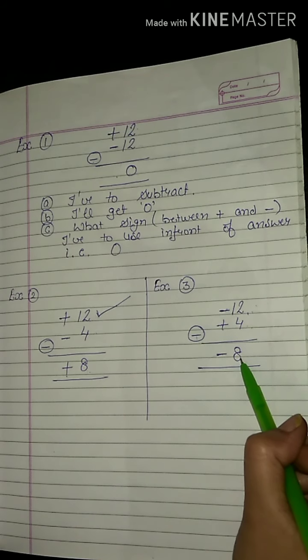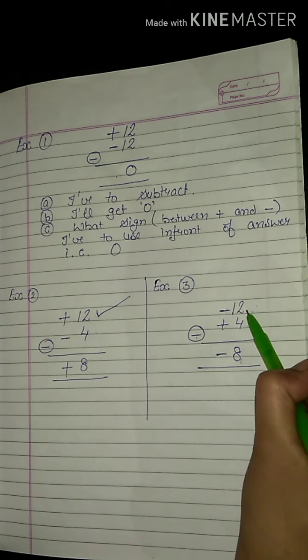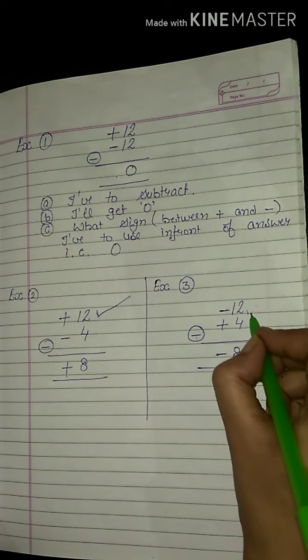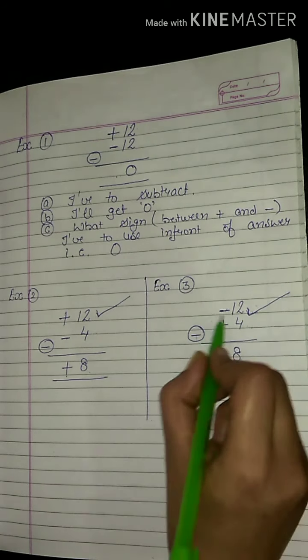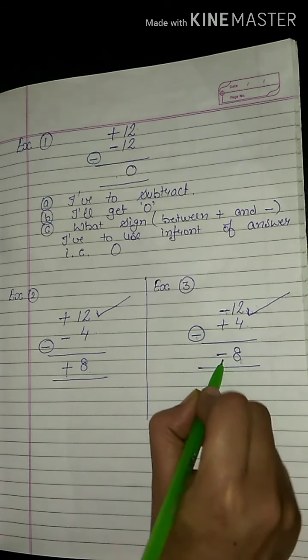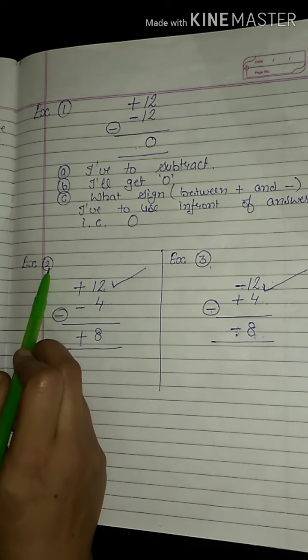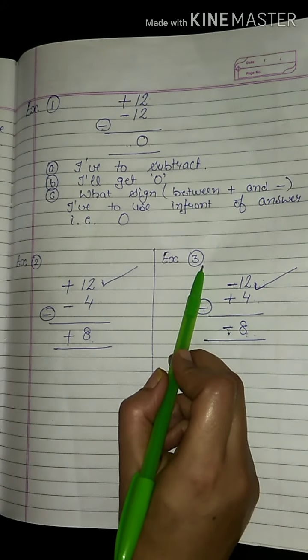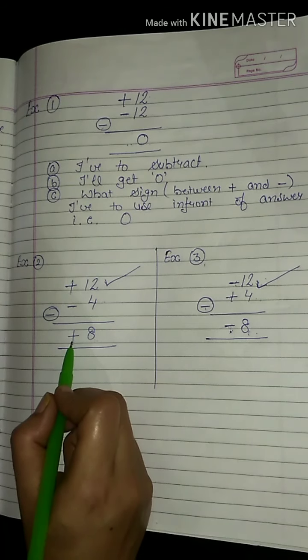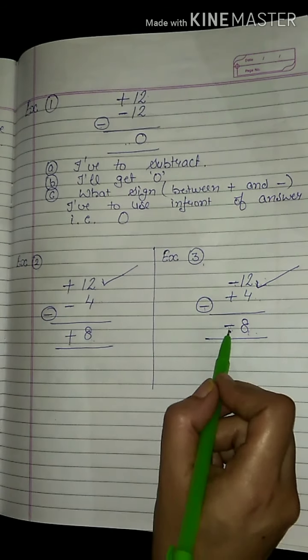Now which sign do I have to use in front of 8? It will be the sign of the bigger number. Here the bigger number is 12 and the sign is minus, so I use that sign. Students, now with example 2 and example 3, it becomes clear that you have to use the sign of the bigger number.